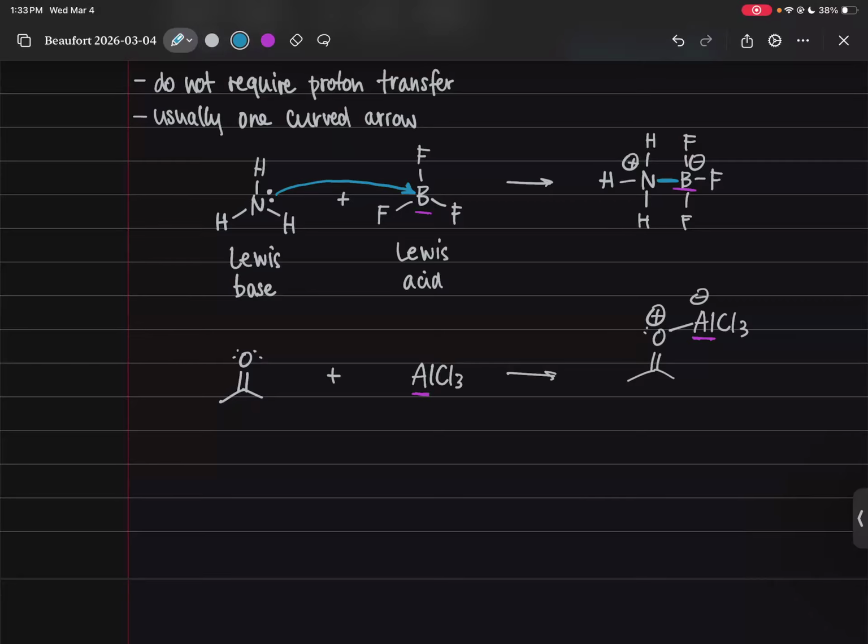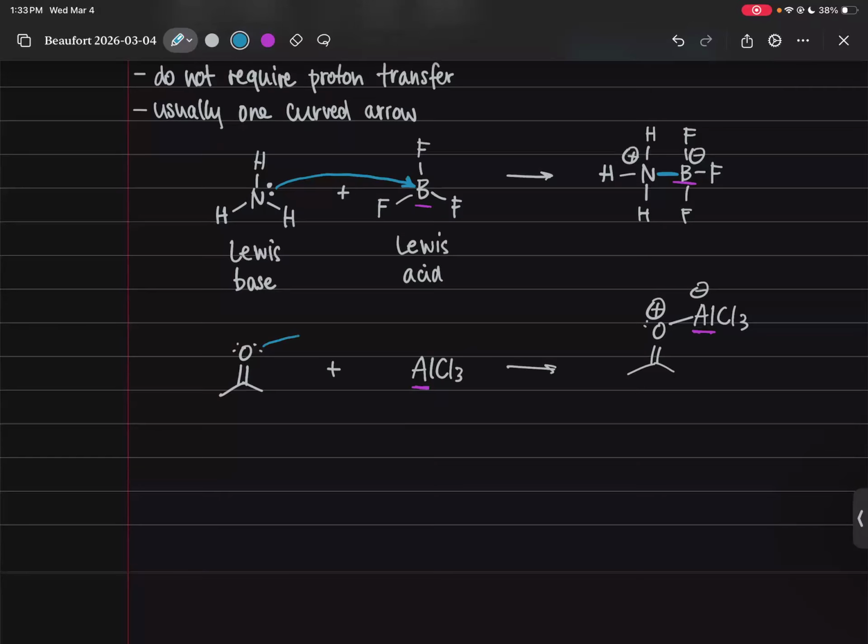So we can draw a mechanism for this that's the same as above. Lone pair from the oxygen attacks the aluminum to form that bond. And so the electrons come from a lone pair on the Lewis base and attack the Lewis acid.